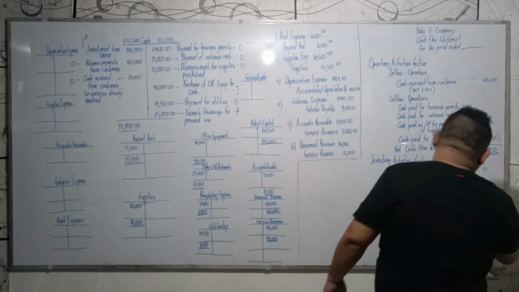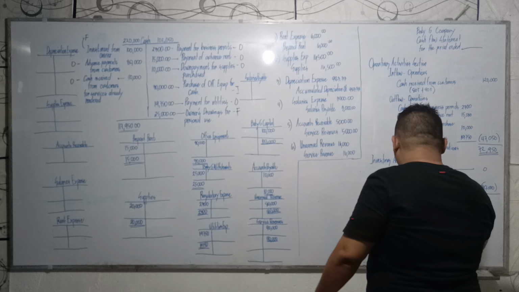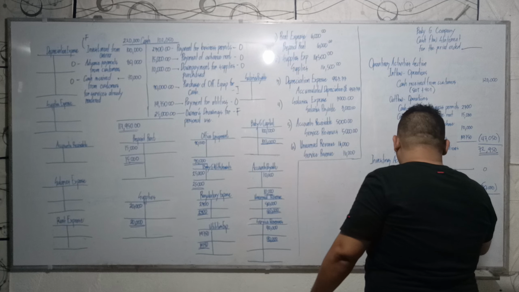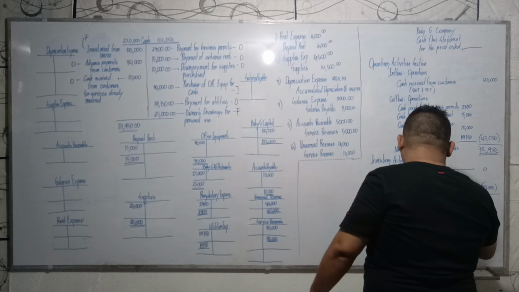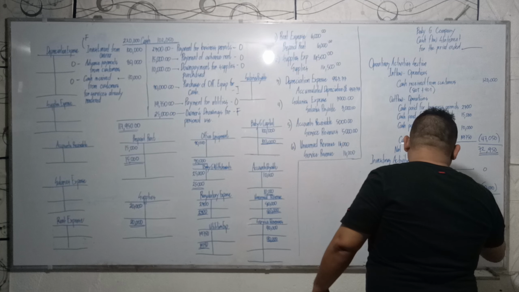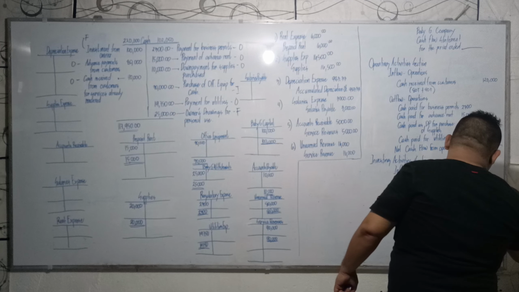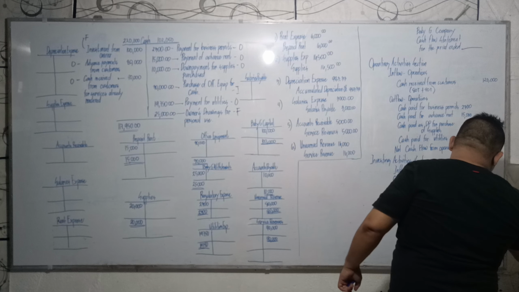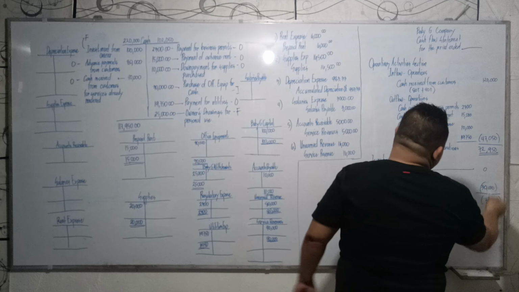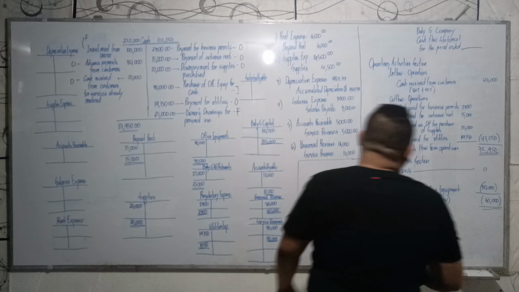So what will happen is you will have a net cash inflow for positive. If that is outflow, you'll have an open and close parenthesis of 30,000. That's it for the investing activity section.